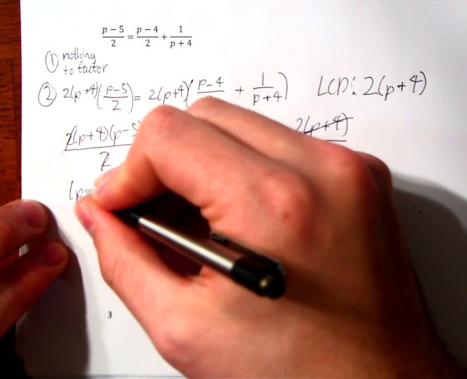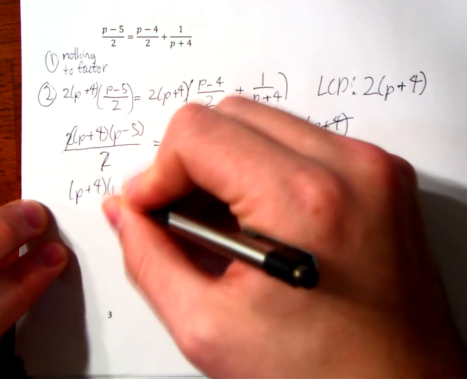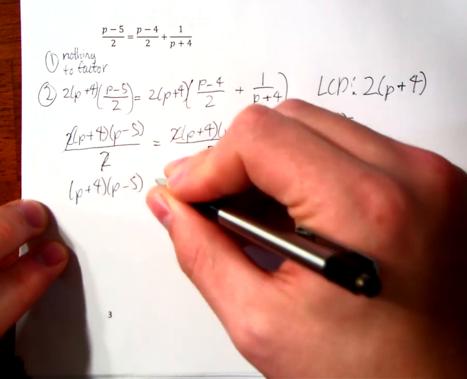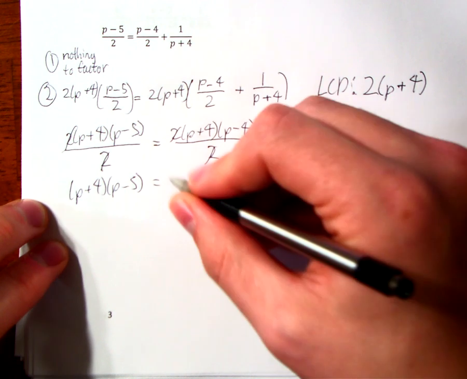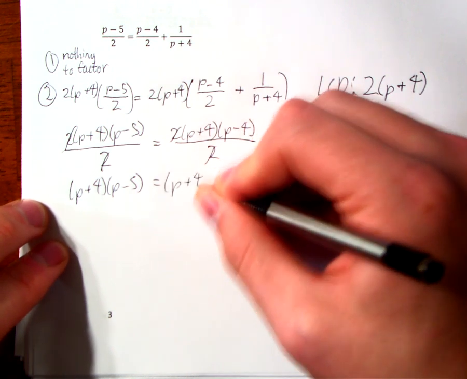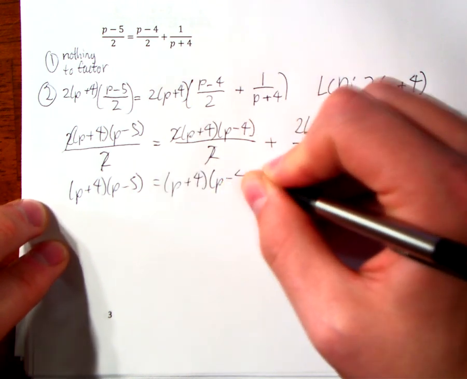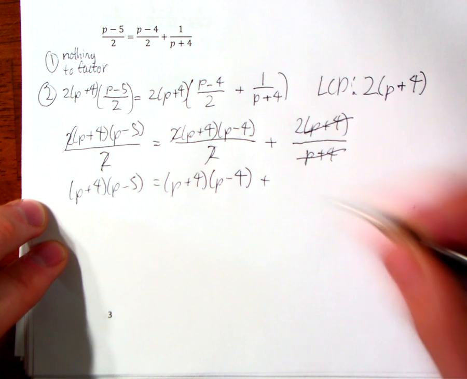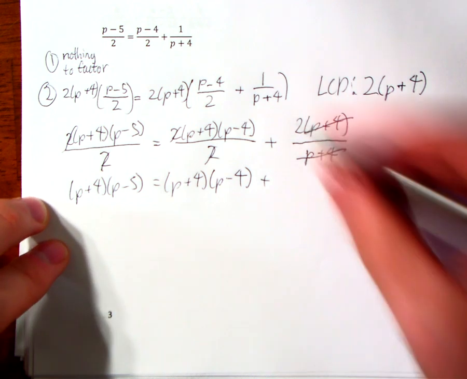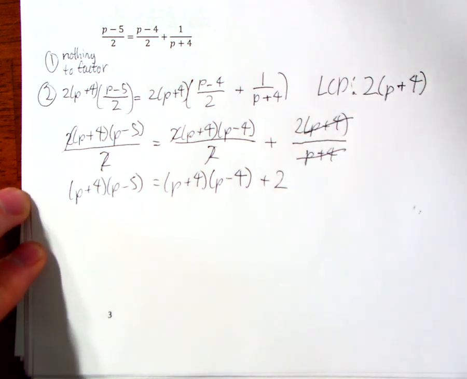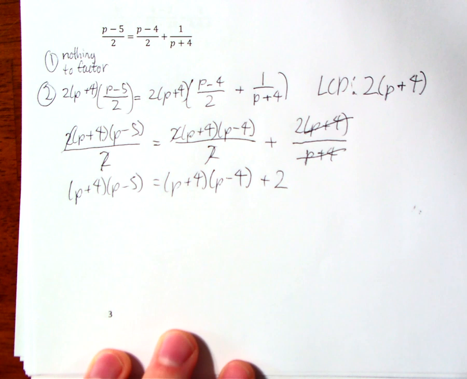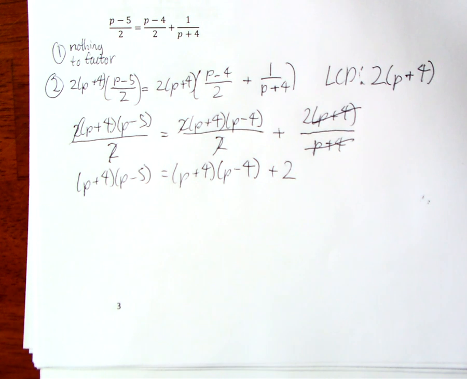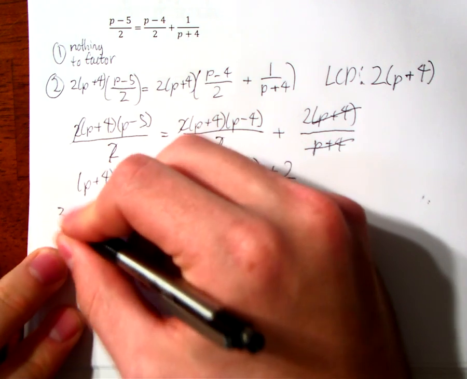I've got p plus 4 times p minus 5 is equal to p plus 4 times p minus 4 plus, and then all that's left in my final rational equation is just the 2. That's the only thing that didn't cancel there. Okay, so now I've got everything out of my denominators. No more denominators. I can move on to step 3, which is to multiply everything.